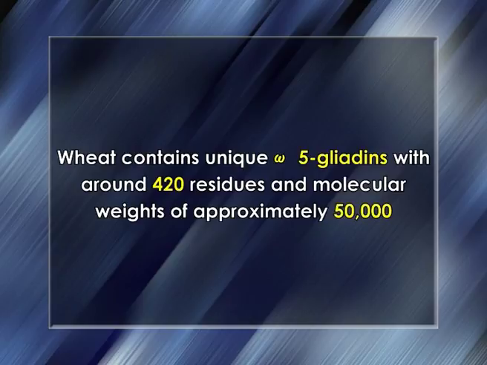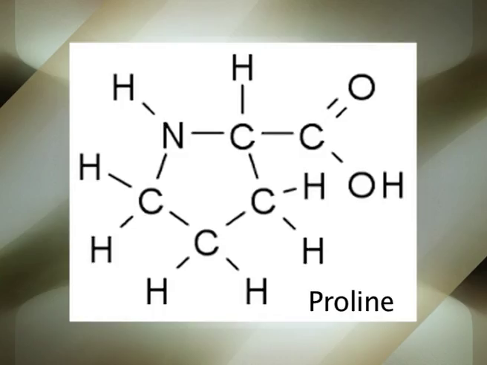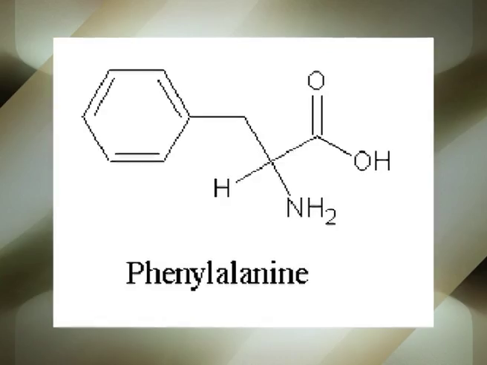Besides omega-1,2 gliadin, wheat contains unique omega-5 gliadins with around 420 residues and molecular weights of approximately 50,000. These types of proteins are also absent in oats. The medium molecular weight group contains a high content of glutamine, proline and phenylalanine, which together account for about 80% of total amino acid residues. Sulfur-poor prolamins have no cysteine residue.